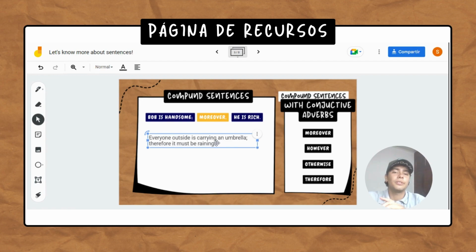Take into account that you can use conjunctive adverbs for adding information or for connecting one idea to another one. In this case, the independent clause number one is everyone outside is carrying an umbrella. The second independent clause is it must be raining. And these two clauses are connected by this conjunctive adverb, therefore. So this is what I want you to do with your classmates here on this page.